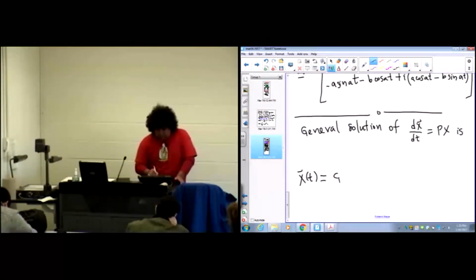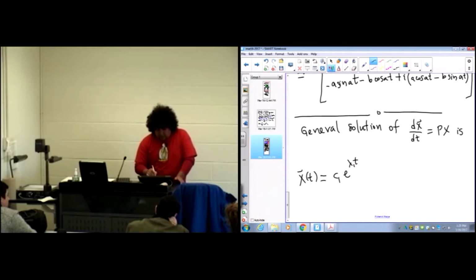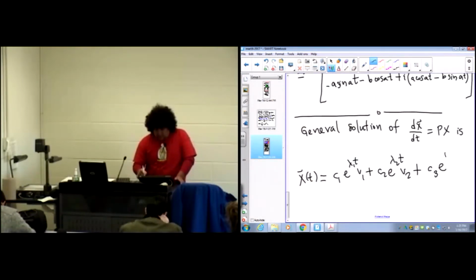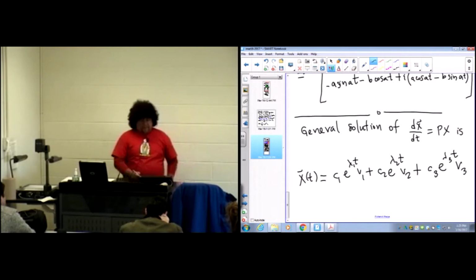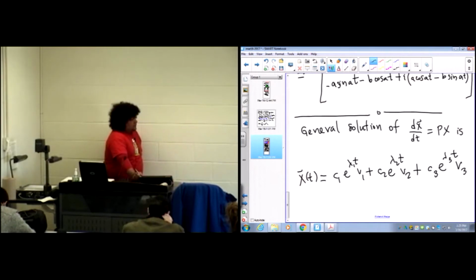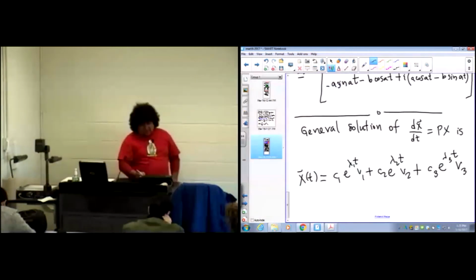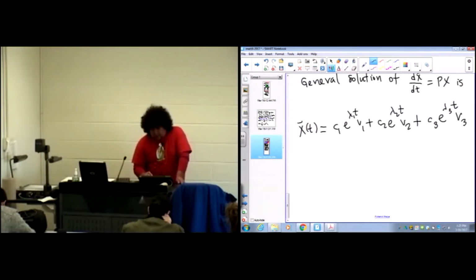is looking like c1 times a vector, plus c2 times another vector, plus, here's where we're going to need more room, c3 times another vector. So the first vector we found was e to the at, 0, 0.